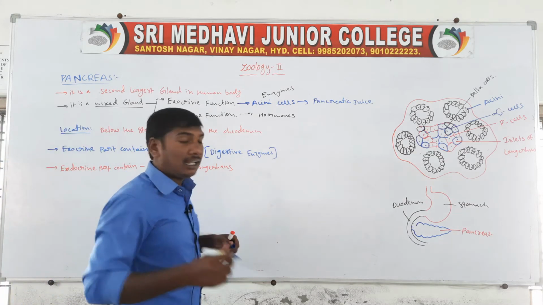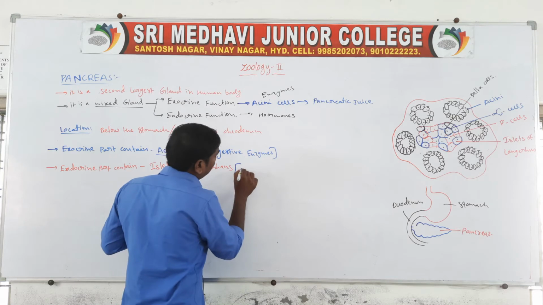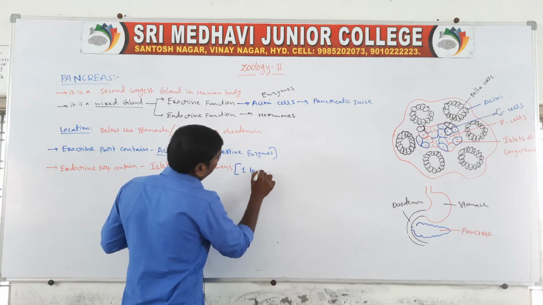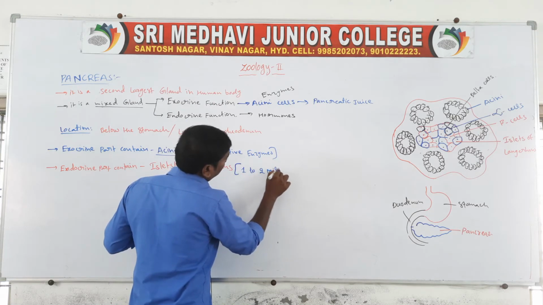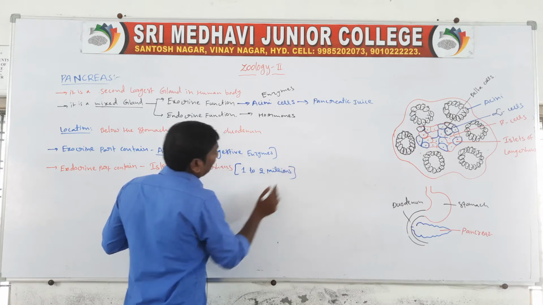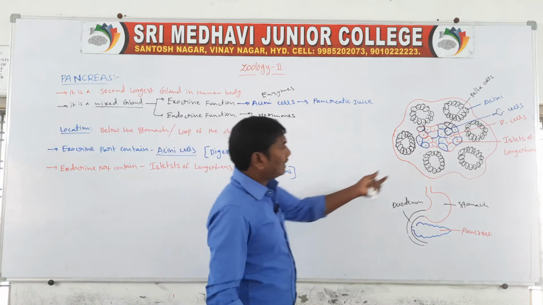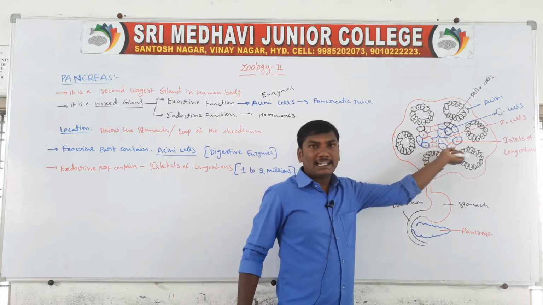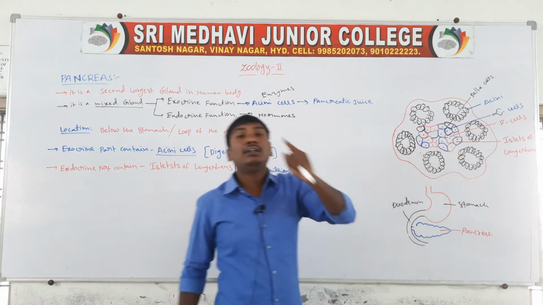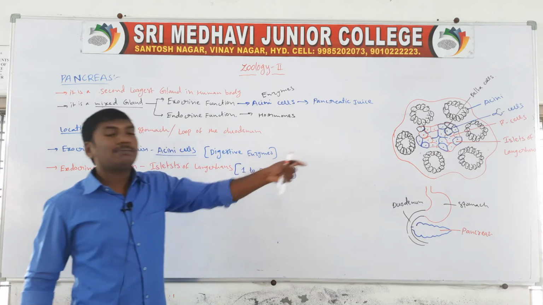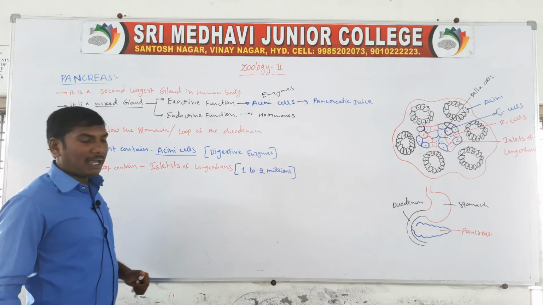Totally, 1 to 2 million islets of Langerhans are present in the pancreas.